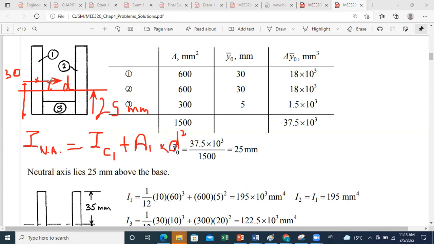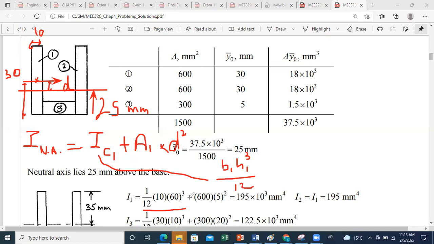Now concerning the inertia about the centroid axis, it's from the formula sheet. For a rectangle, it is equal to b1 h1 cubed over 12. You have all dimensions. b1 here is 10 millimeters, and the height is 60. This is why you have 1 over 12 times 10 times 60 cubed.